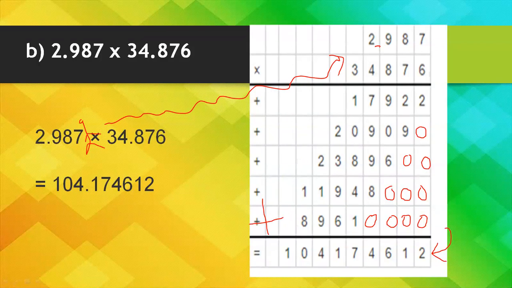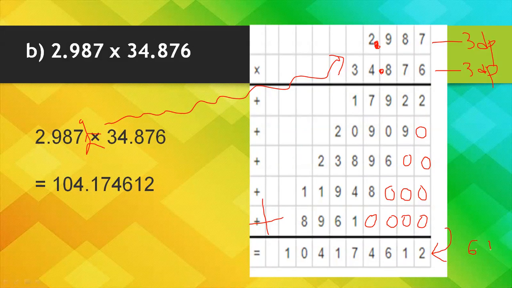Okay, so in which it's 2.97. In this, it's 34.876. After the decimal, it's 3 dp. 3 decimal places are given to you. And in this one, 3 digits are given. So I can count 3 decimal places. What will be the total?